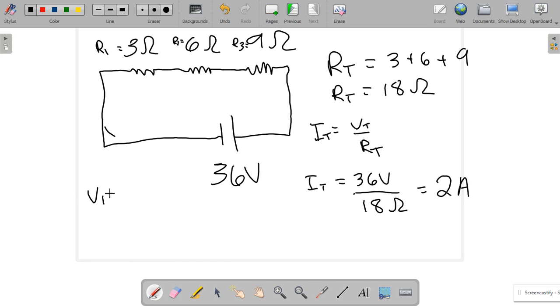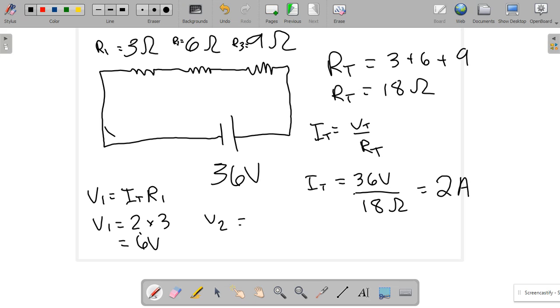So V1 is equal to I1 times R1. Now in this case, you could also call this IT, because the current going through resistor 1 is the same as the current going through resistor 2 is the same as the current going through resistor 3. So I'm going to call it IT times R1. So V1 is going to be 2 times 3. So we get 6 volts here.